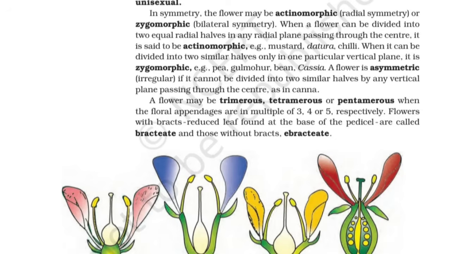A flower may be trimerous, tetramerous, or pentamerous when the floral appendages are in multiple of 3, 4, or 5, respectively. Flowers with bracts, reduced leaf found at the base of the pedicel, are called bracteate, and those without bracts, ebracteate.